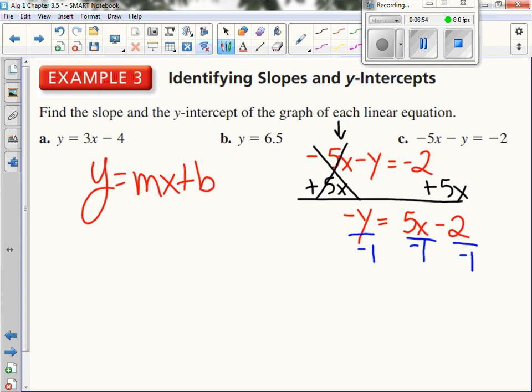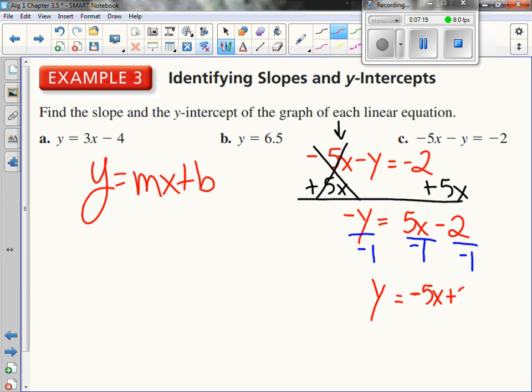And if I divide everything by negative 1, well, a negative divided by a negative is a positive. Anything divided by 1 is just itself, because y divided by 1 is y. A positive divided by a negative would be a negative 5x. And a negative divided by a negative would be a positive, so we get plus 2.